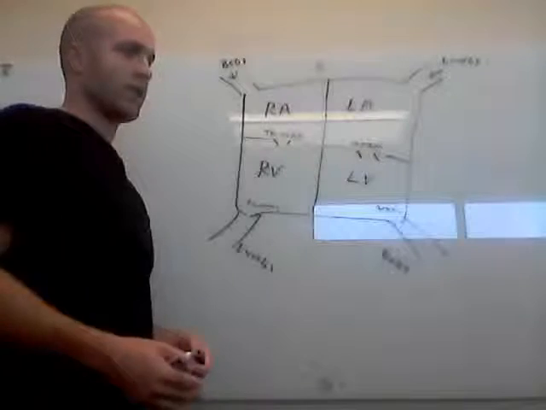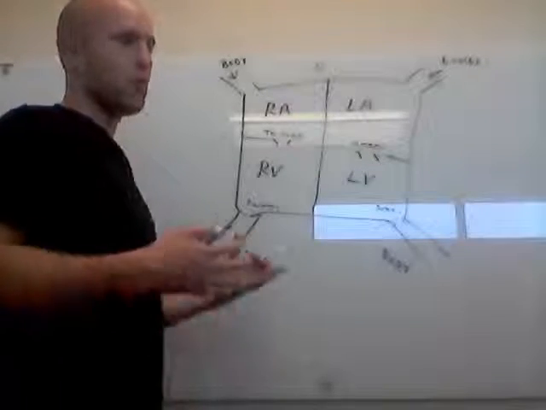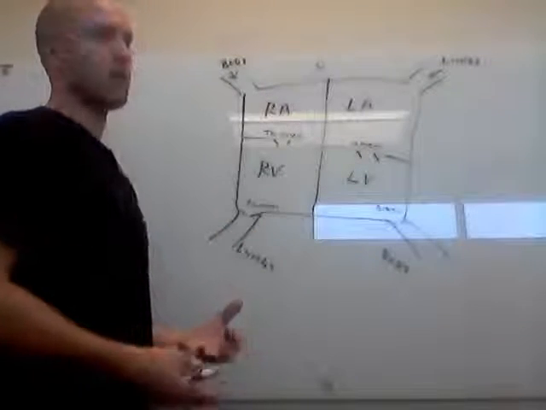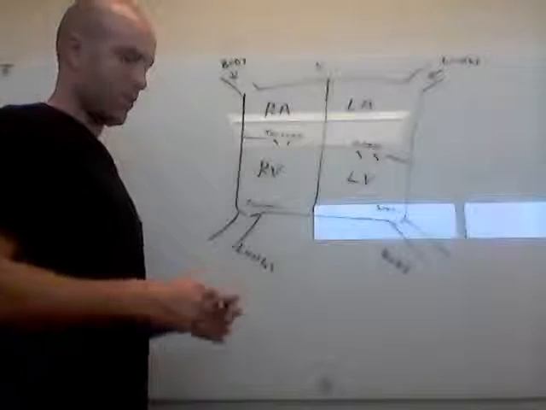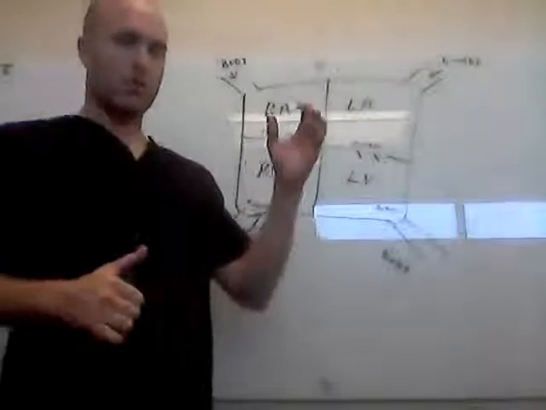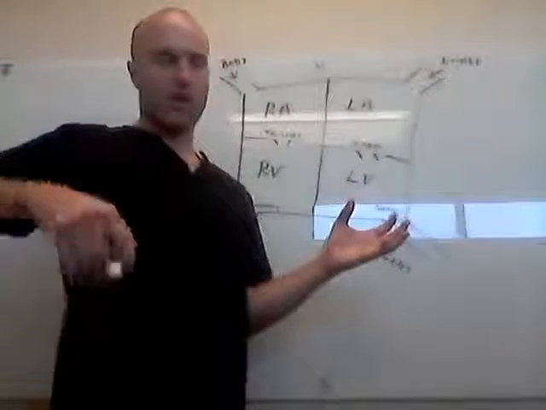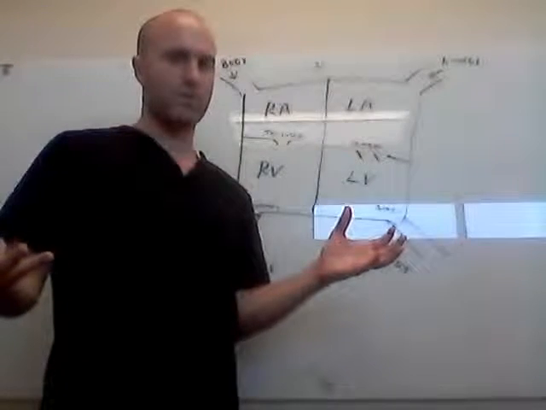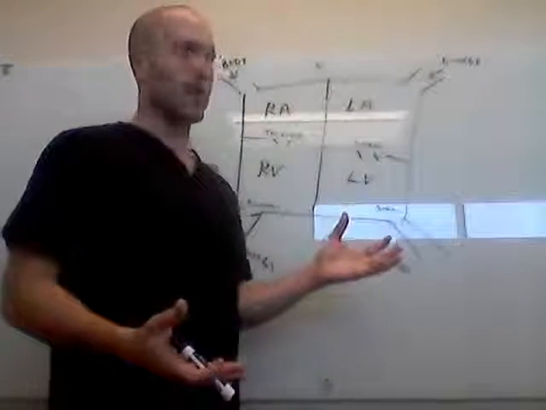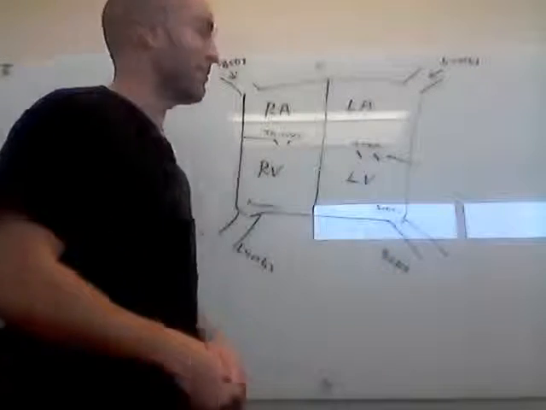There are generally, as far as I know, two major problems with these valves in general. It's called regurgitation, and it's called stenosis. Okay? Sometimes you can also have prolapse. I'll explain that in a minute.